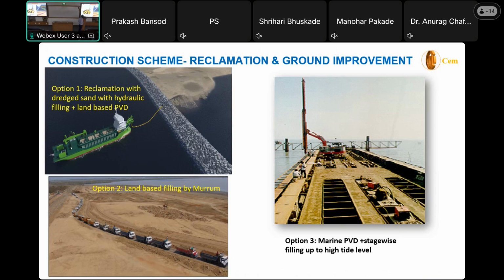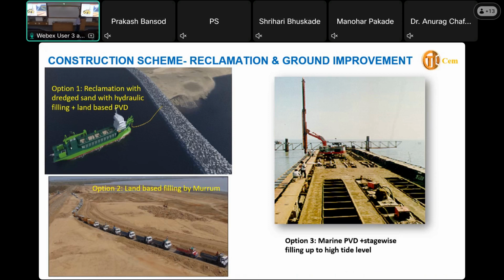During the scheme preparation we did a lot of exercises, and we are sharing them. We worked out a lot of options for handling this 1.2 crore cubic meters of material: how to get it, where to get it, what the project timeline is, and what the design sequence is. So the first option we worked out was reclamation with drain sand.